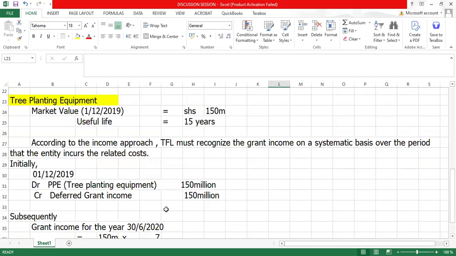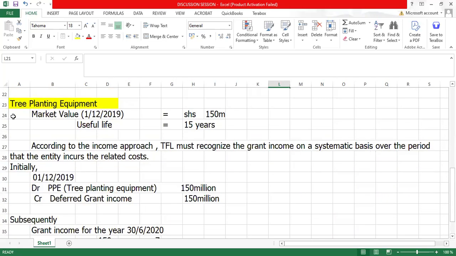But here it's an asset, and if you receive a grant as an asset, as long as you're using the income approach, we recognize income according to how you're using the actual asset to that time.